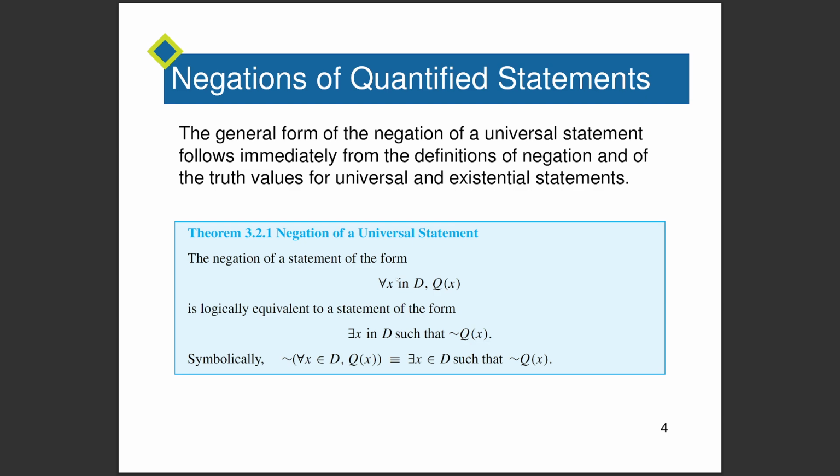But in order to take the opposite of that, we speak about one thing in the set. So that's how we say there exists an x inside D such that, and then of course we have to negate q of x as well. So that's why we put negation of q of x.